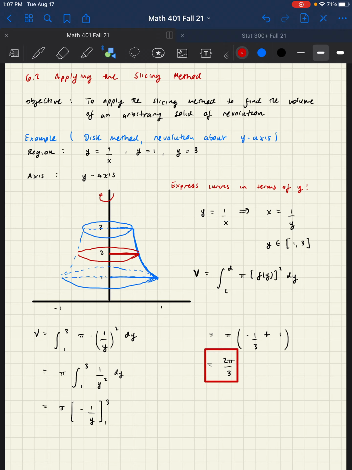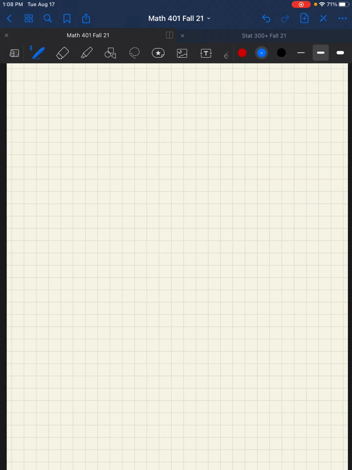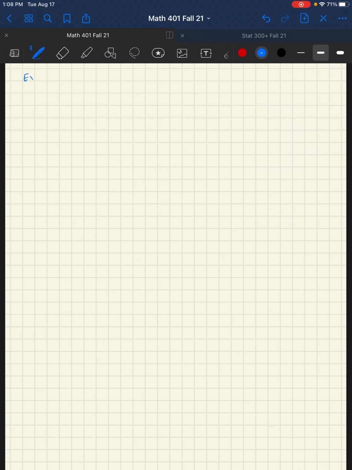That's our answer. Okay, so the key insight here is specifically that we need to convert first into an expression where we're integrating with respect to y. And we can do this again by applying the washer method.